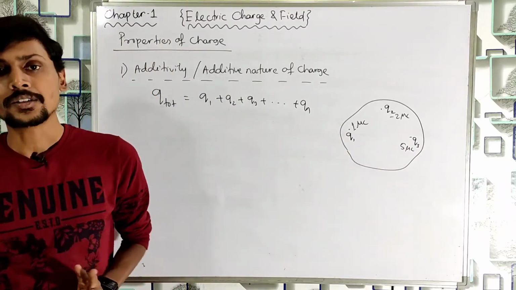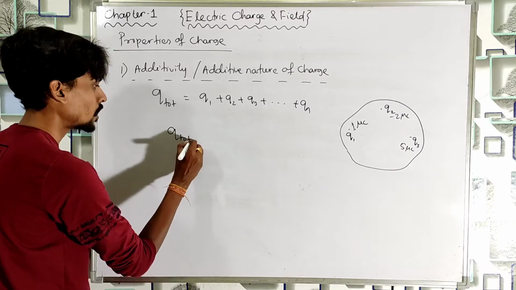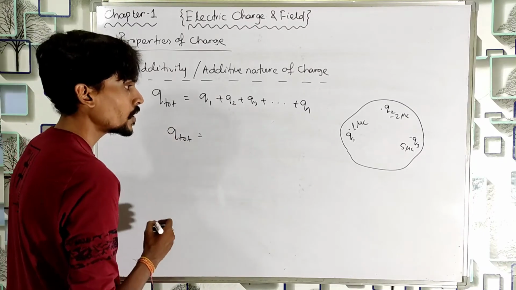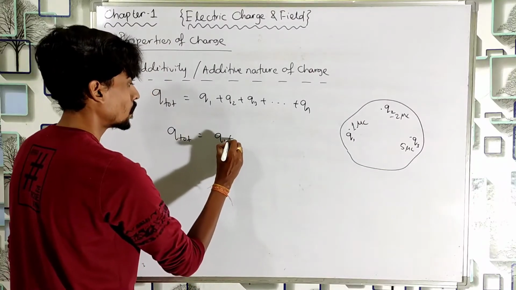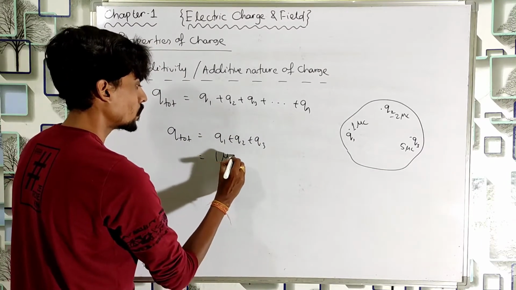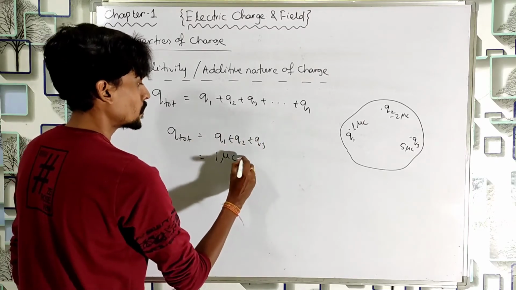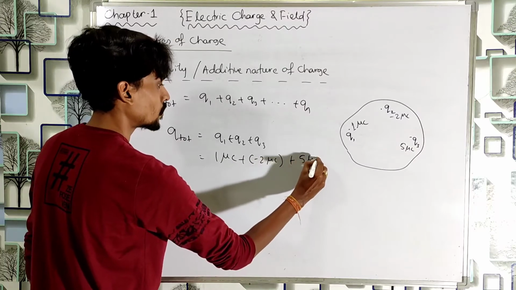The total charge of the body will be Q1 plus Q2 plus Q3, which means 1 microcoulomb plus minus 2 microcoulomb plus 5 microcoulomb.